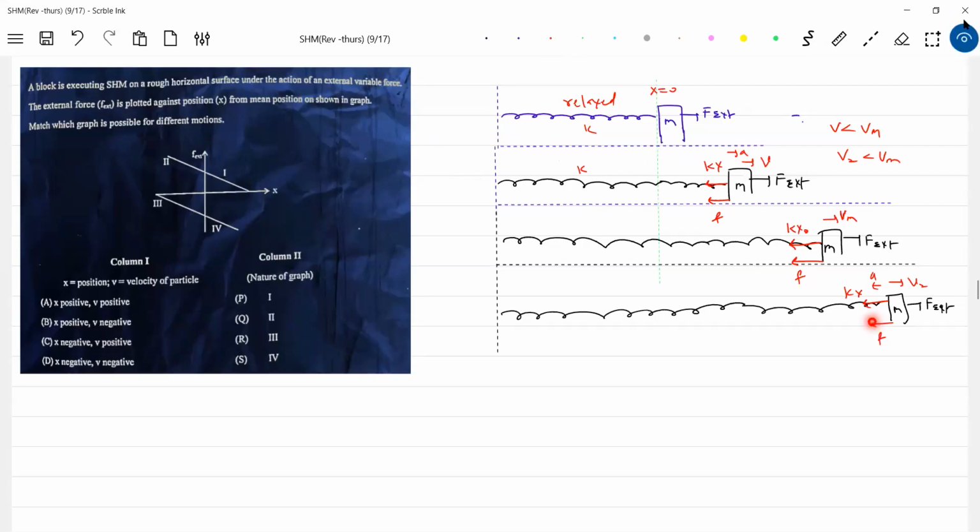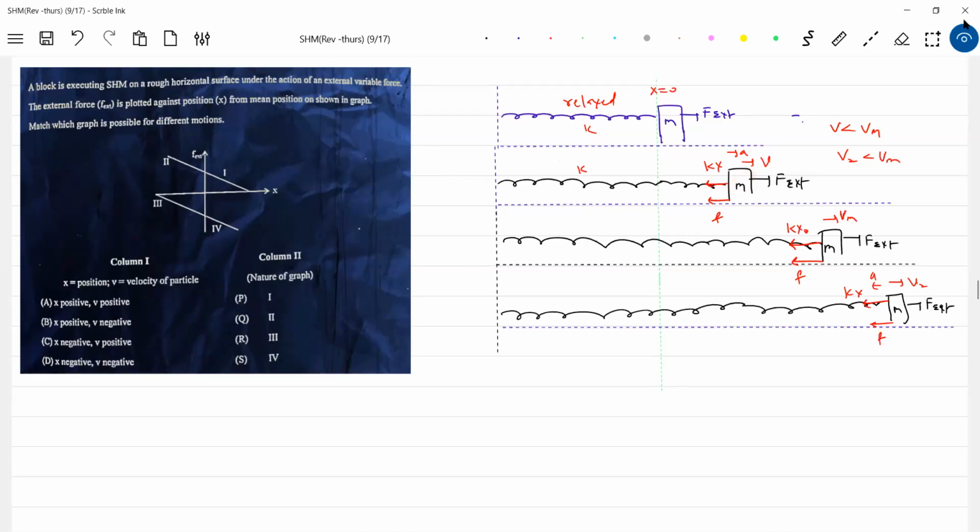Can it happen that x is positive, where x equals 0 is the origin? Check it now. Can it happen where the force is acting towards the right, the velocity is in the direction of the force, and x is positive?